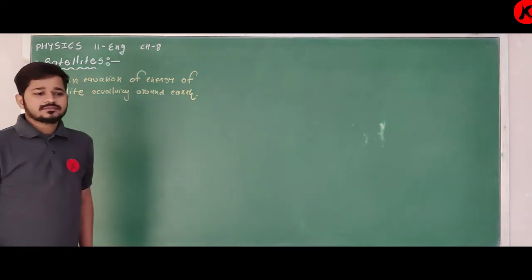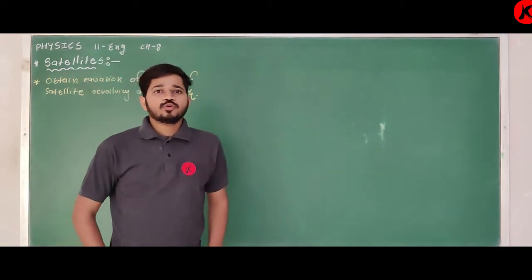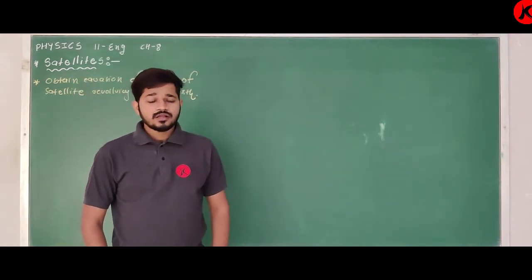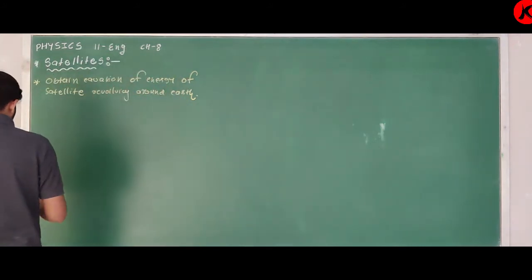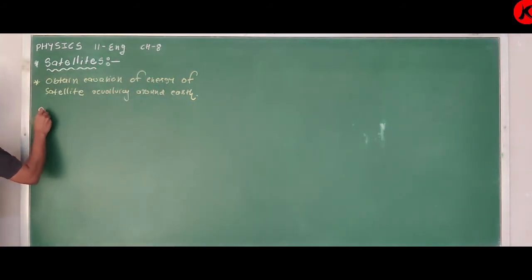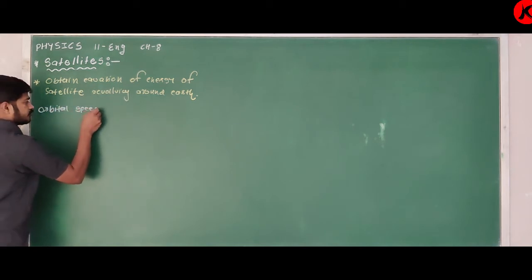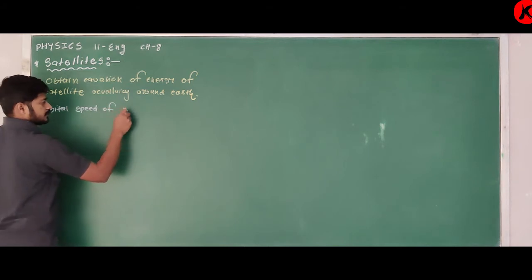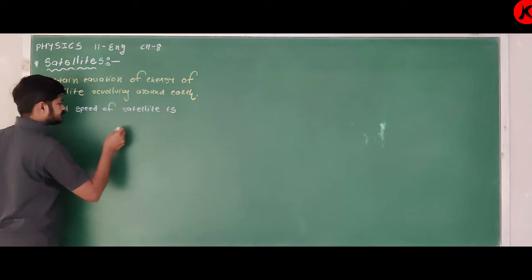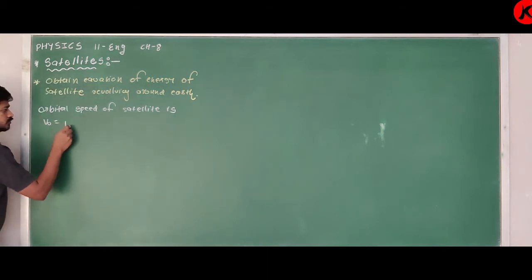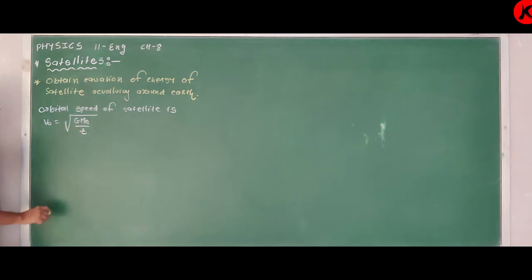Now energy means, you know that total energy means kinetic energy plus potential energy. So total energy is equal to kinetic energy plus potential energy. Now we know that orbital speed of satellite is v0 equal to under root G Me upon r.